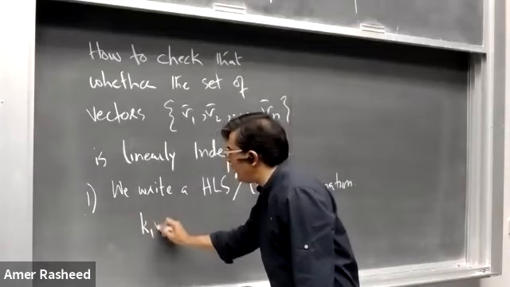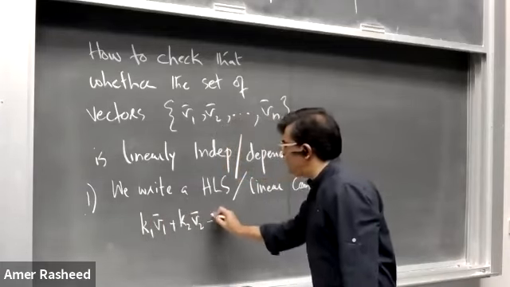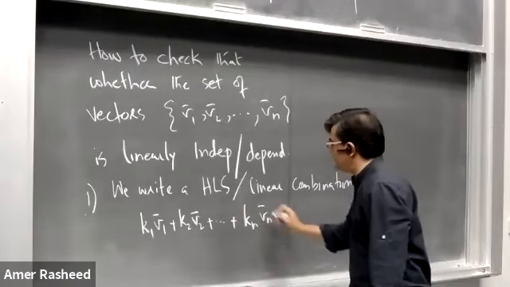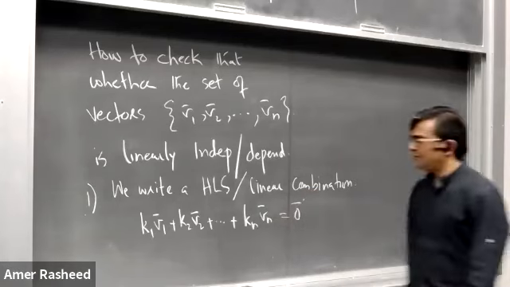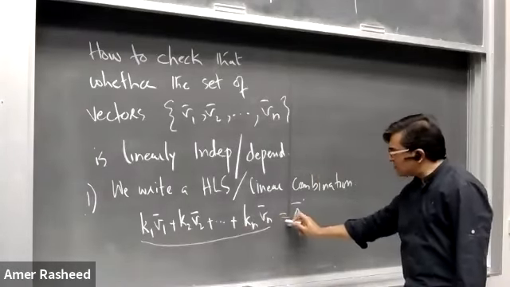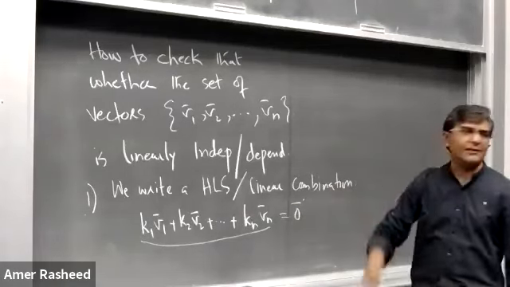Some constant k1 v1 plus some other constant k2 v2 plus so on plus kn vn equal to 0. So this is their linear combination, और हमने अगर इसको equal to 0 put किया तो क्या होगा? ये homogeneous linear system बन जाएगा.